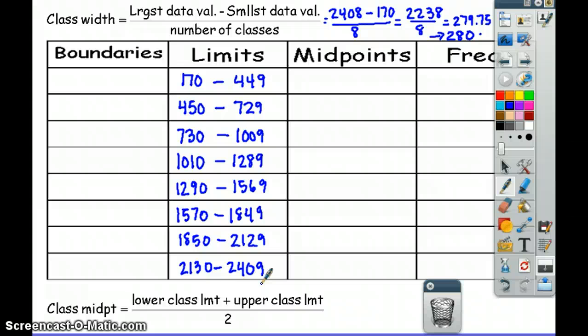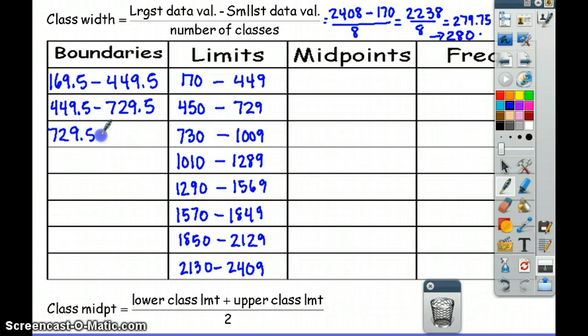Once again, if I tried to graph this, there would be gaps between the bars. And so to eliminate those gaps, we create our boundaries for each of the bars of our histogram by going half lower than my lower limit and a half above the upper limit. So this would go from 169.5 to 449.5. Half below the 450, 449.5 to 729.5.